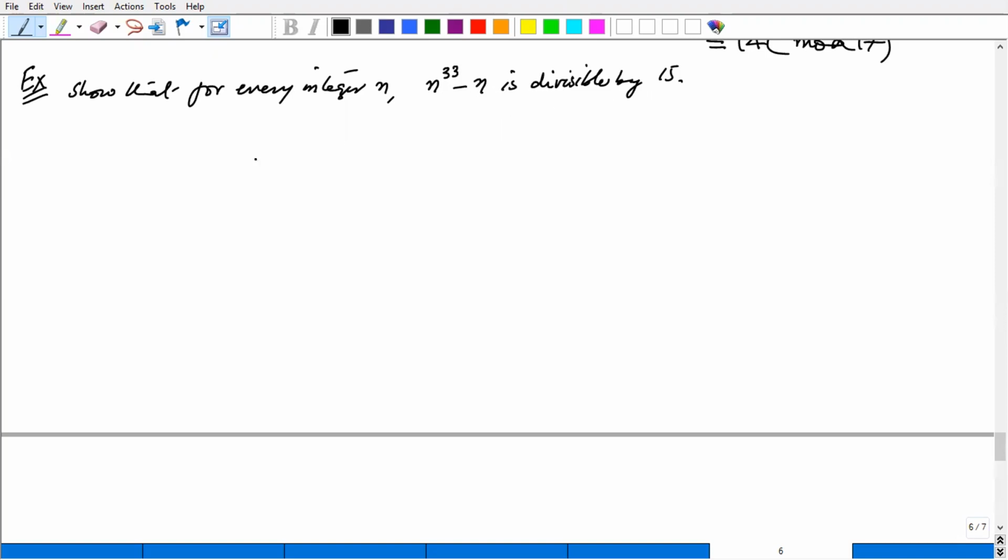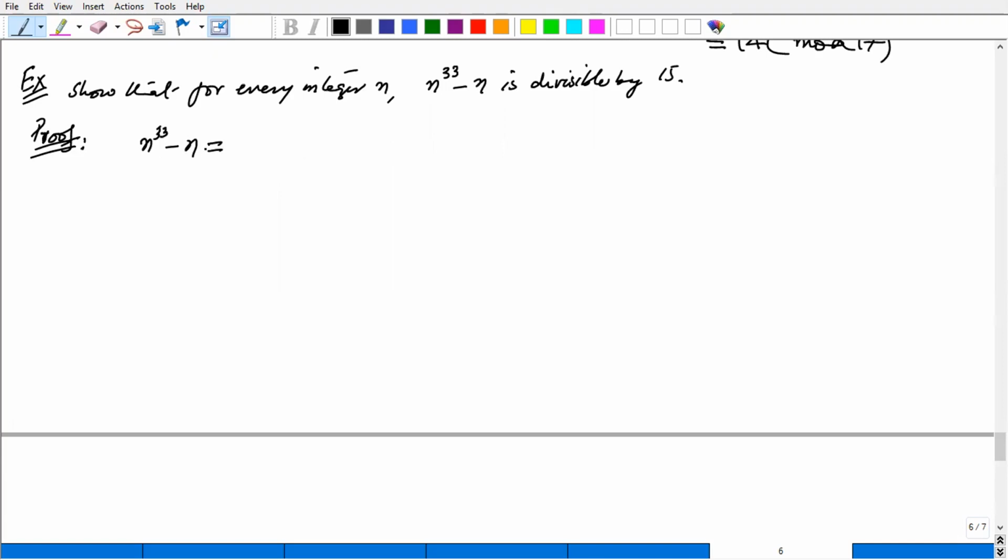Okay, so now how can we prove this result? We use Fermat's theorem to show n to the power 33 minus n is divisible by 15. First, look at the value n to the power 33 minus n.